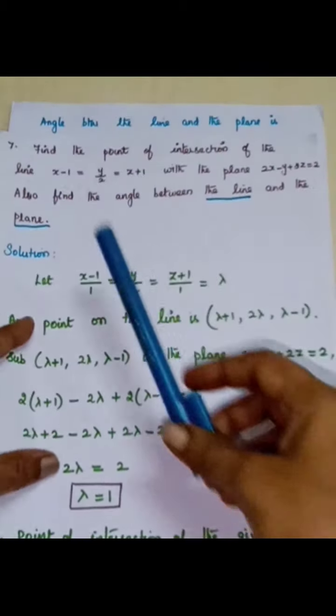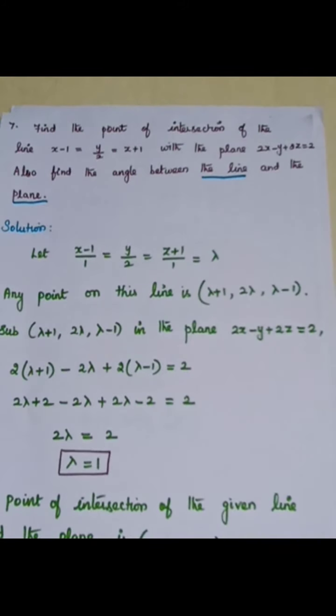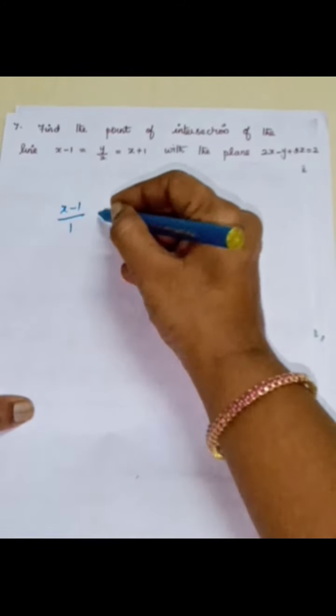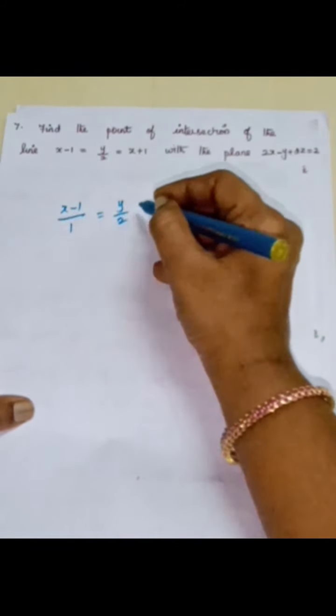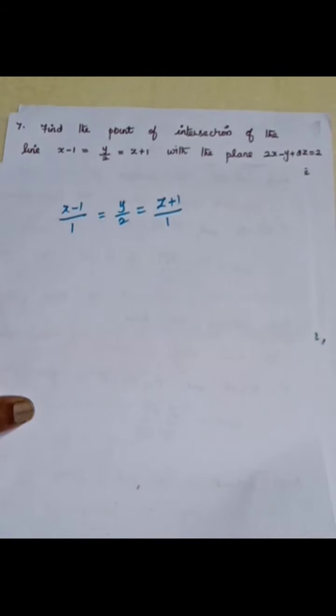So what is the line equation? This is the line equation: x minus 1 divided by 1 is equal to y by 2 is equal to z plus 1 by 1. So we have to take the b vector. B vector is nothing but the vector parallel to the line.